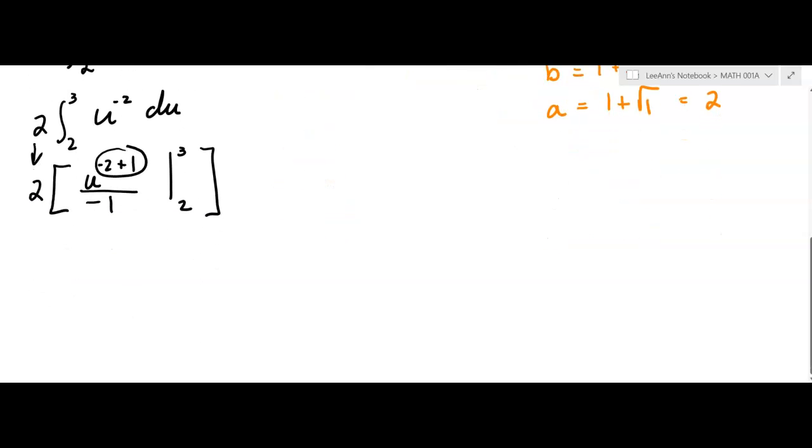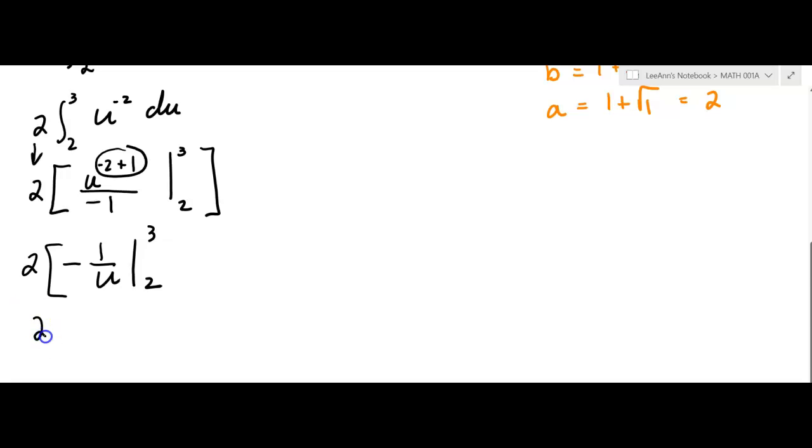Let's scroll up a little bit. All right, 2 times, and then we're going to have negative 1 over u from 3 to 2. So you might have to think about that a little bit. I didn't put that other bracket thing, but that's okay. Think about that exponent of negative 1, and that's going to put it in the denominator.